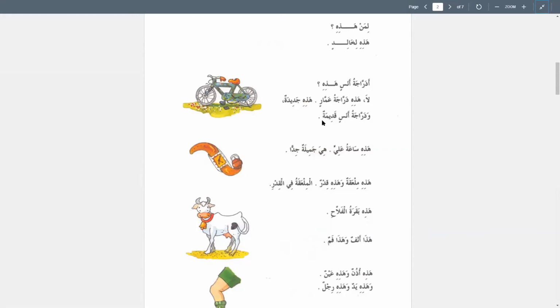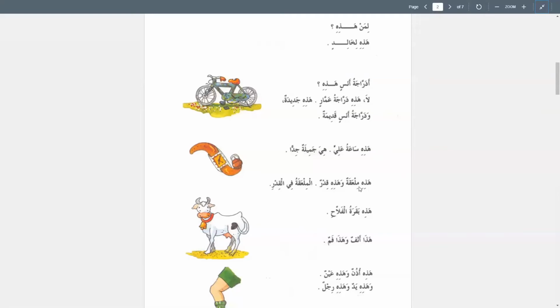New, good. And qadima is old. Okay. Talking about things. هذه ساعة عليا هي جميلة جدا. Lara, do you know what this sentence means? This is Ali's watch. It is very pretty. It is very beautiful, very good.